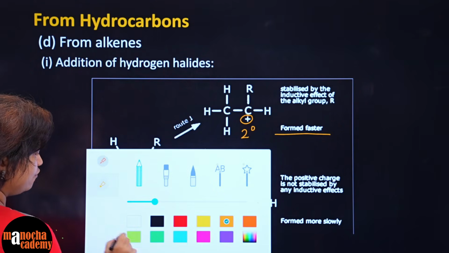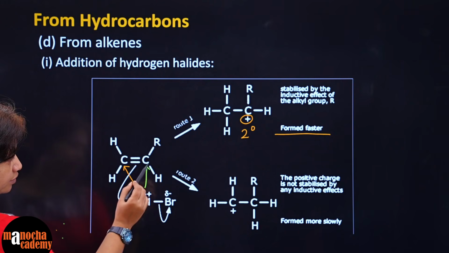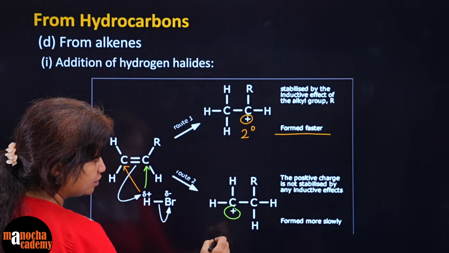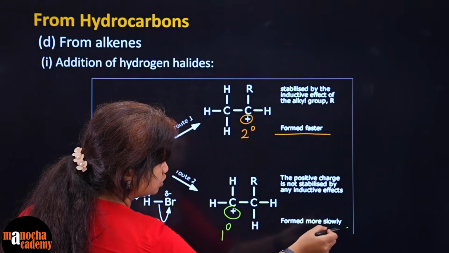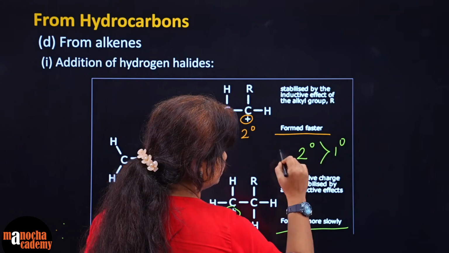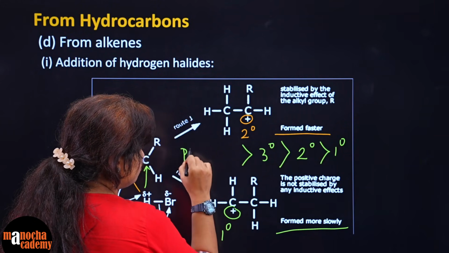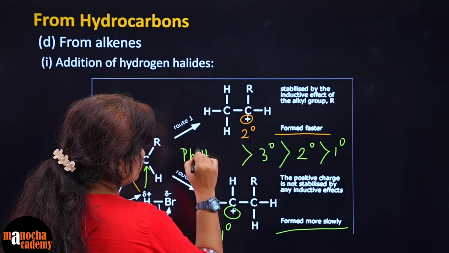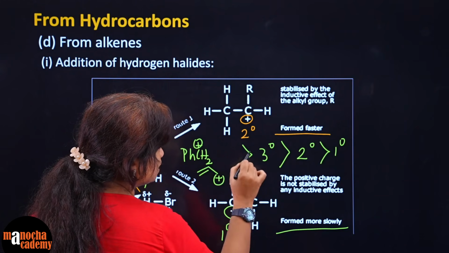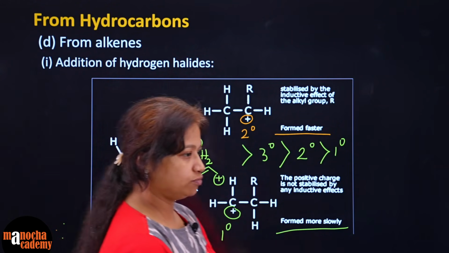Now, if I do the reverse and add the hydrogen at the other carbon, the positive charge comes here, and this carbon is bonded to only 1 carbon atom, so it's a primary carbocation and forms slowly. The reason is that a 2 degree carbocation is more stable than a 1 degree one. Of course, a 3 degree is also more stable, and as we did before, a benzyl or allyl carbocation is even more stable than a 3 degree one. This is the order in which the products are formed.